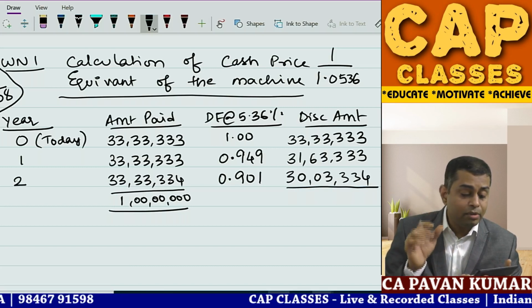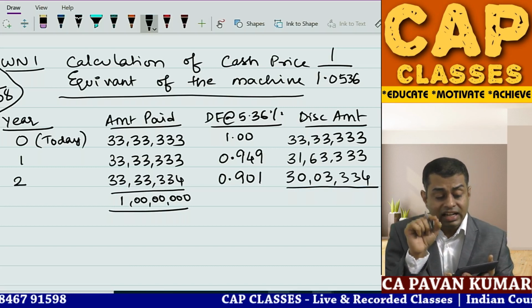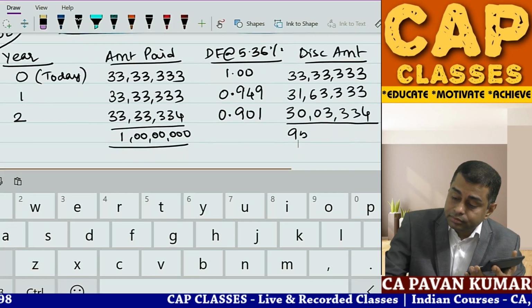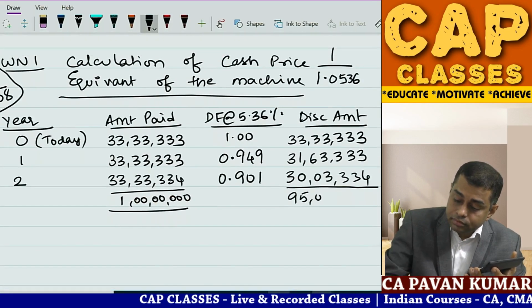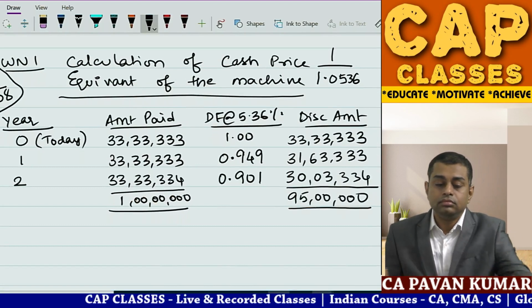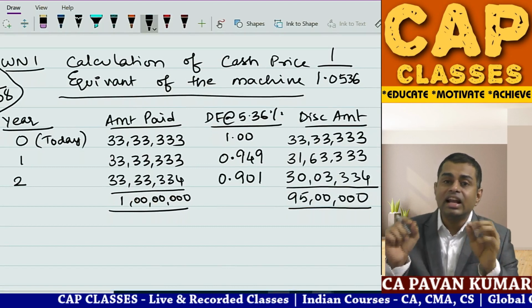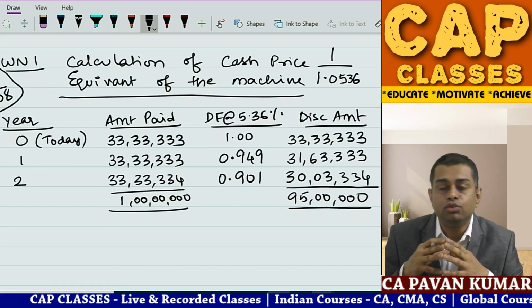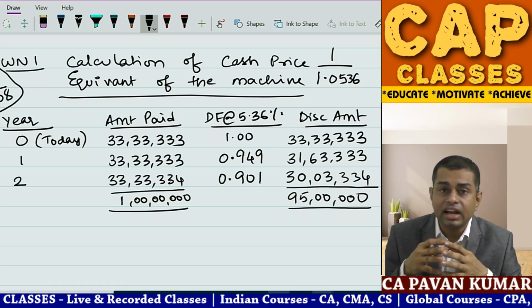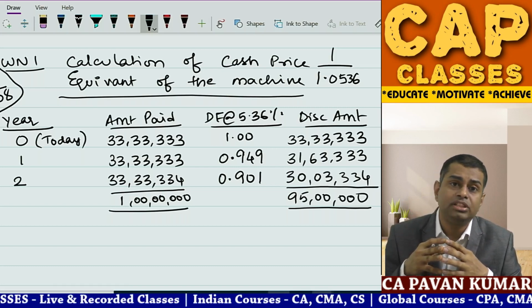It is exactly coming to 94 lakhs 99,999.9. So can I say 95 lakhs? So the machine should be recognized with 95 lakh rupees of value. You understand?